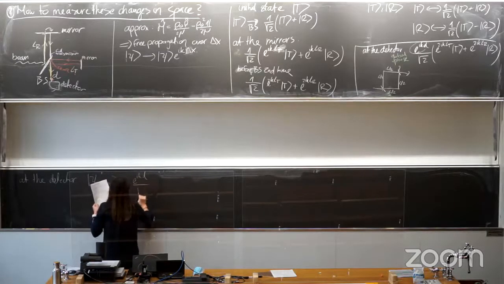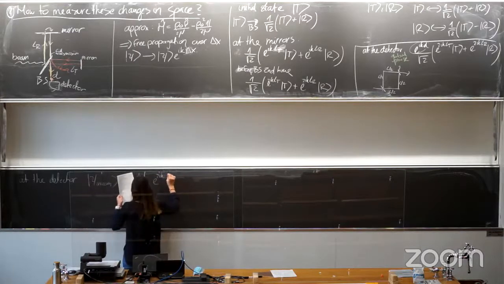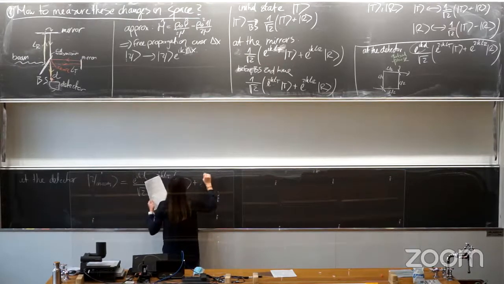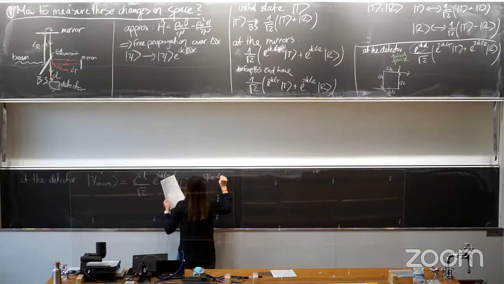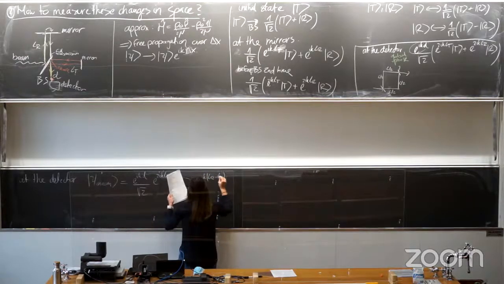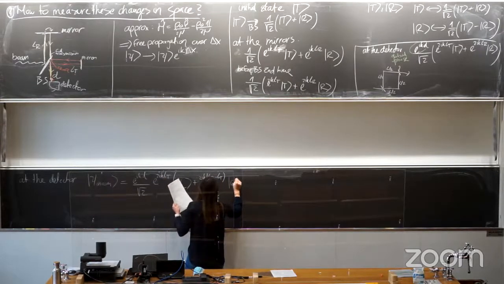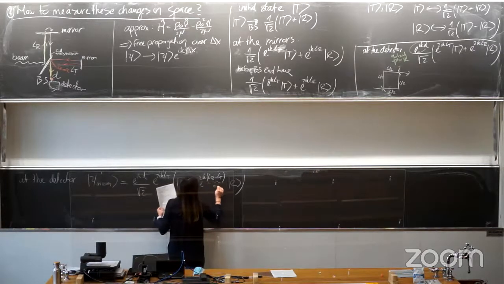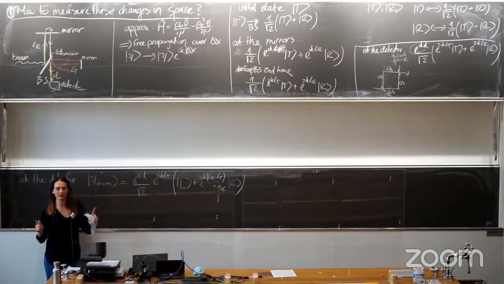Square root of 2, and then I just, for simplicity, take this out, L plus e to the ik (LR minus LT), and then I have a 2 here, and then R. And this we can call delta L. So the difference between the path lengths of the two ways.